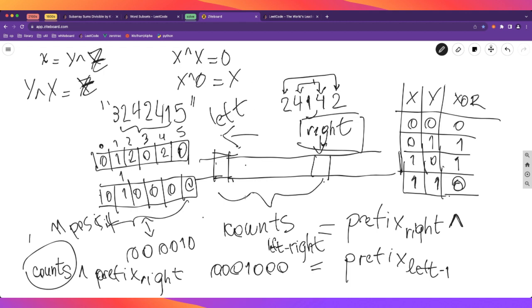So what I said was that for a substring to be awesome, or in other words, to be reorderable into a palindrome, when you count the occurrences of the digits in that subarray, then the parities must be all zeros except possibly 1.